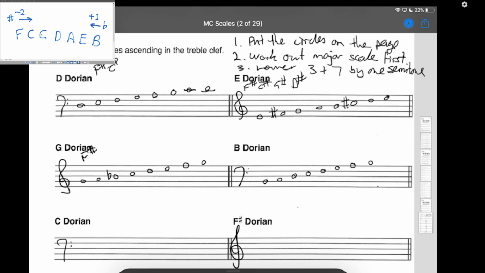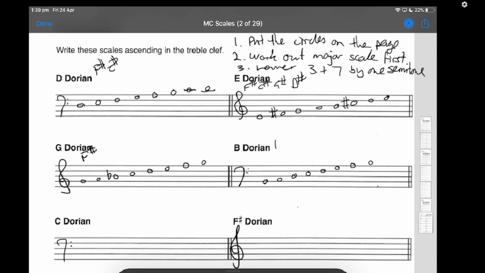We've got F sharp, C sharp, G sharp, D sharp, A sharp, all required. I'm going to pop those sharps on. So what do we need? F sharp, C sharp, G sharp, D sharp, and A sharp.